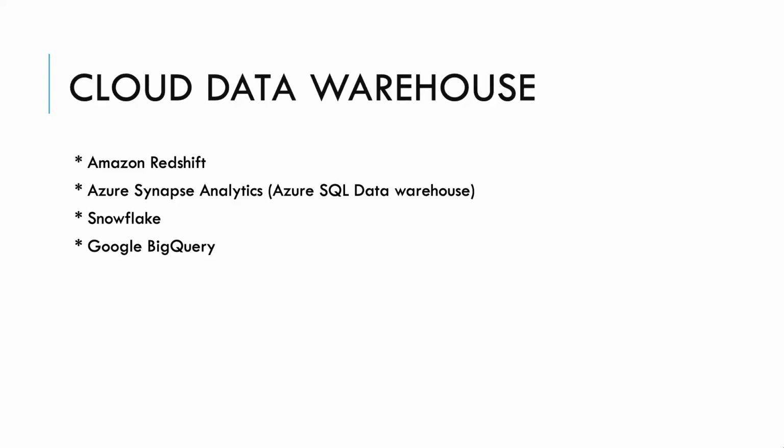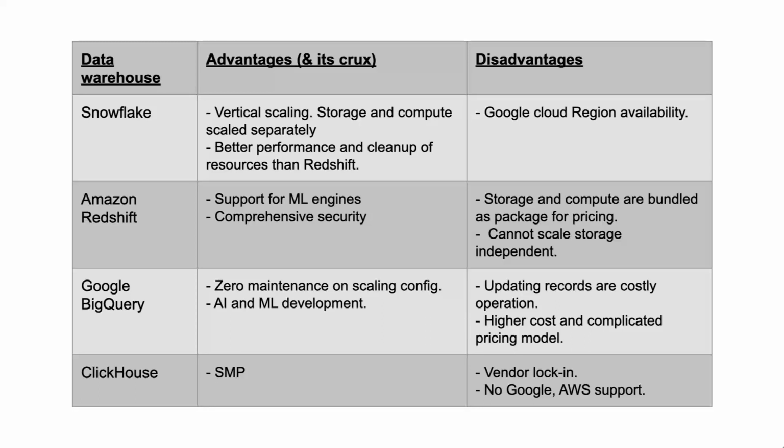Everything will be available in the cloud. All you need to do is go and provision what kind of data warehouse you need, right? So in that space, there are four or five cloud data warehouses. I think I didn't add Azure Synapse Analytics, but somehow it's okay.